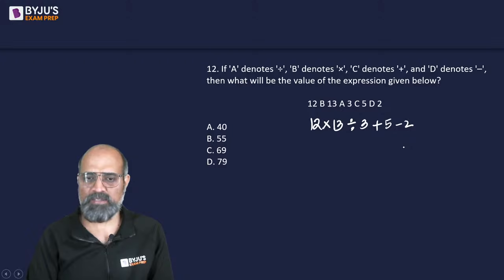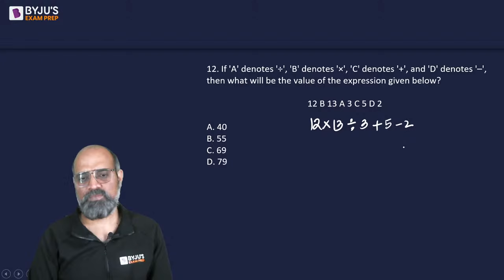B is multiplication. A is division. C denotes addition and D denotes subtraction.